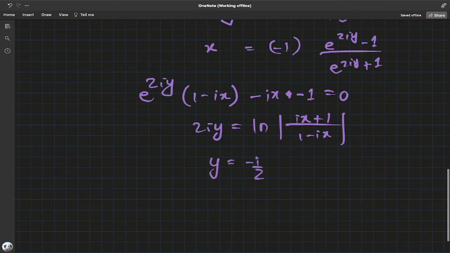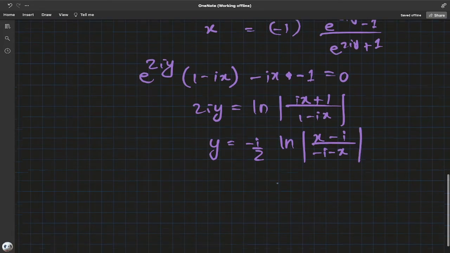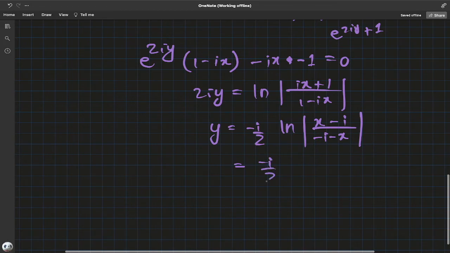So y is negative i over 2 times the natural log. We can divide by i in the argument, so that we have x plus 1 over i, which is negative i, over negative i, negative x. But since we have an absolute value, you can ignore the inner negative. So we have x minus i over x plus i.